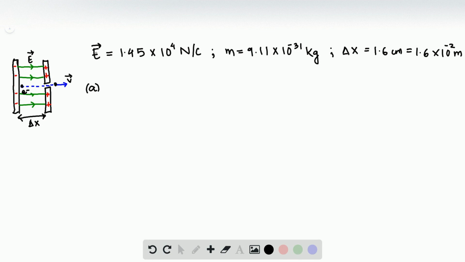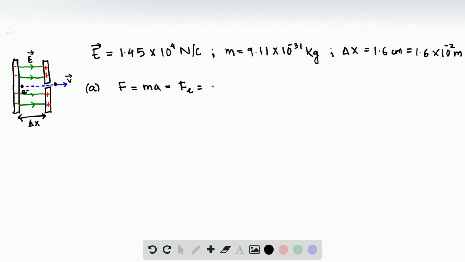Now we know that the electric field is towards right, and since the charge on the electron is negative, we can say that the electron will accelerate towards the right. Now we know that force, which is given by mass times acceleration, will be equal to the electric force here, because there is no other force acting on the electron here.